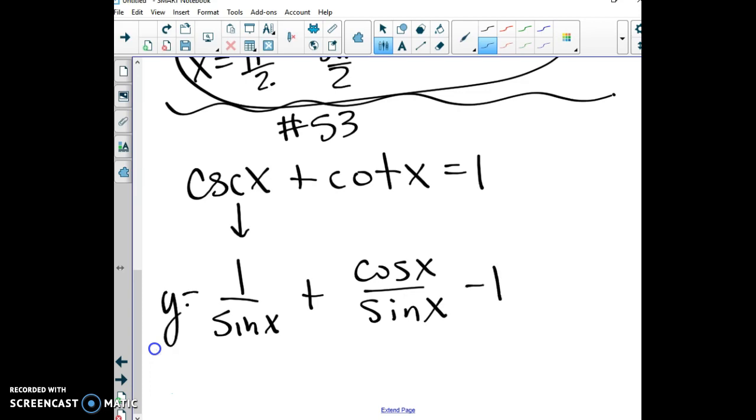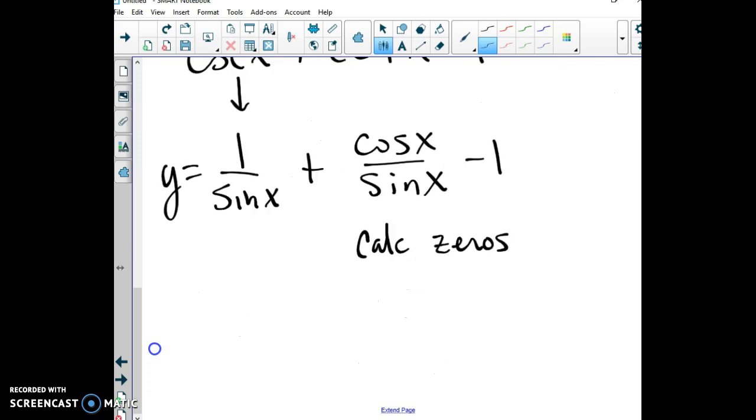We see that we can now put this into our calculator. Just as we did before, we're going to go ahead and graph this, and we're going to calculate zeros. And by doing that, for problem 53, you can see that x is going to be approximately 1.57, pi halves.